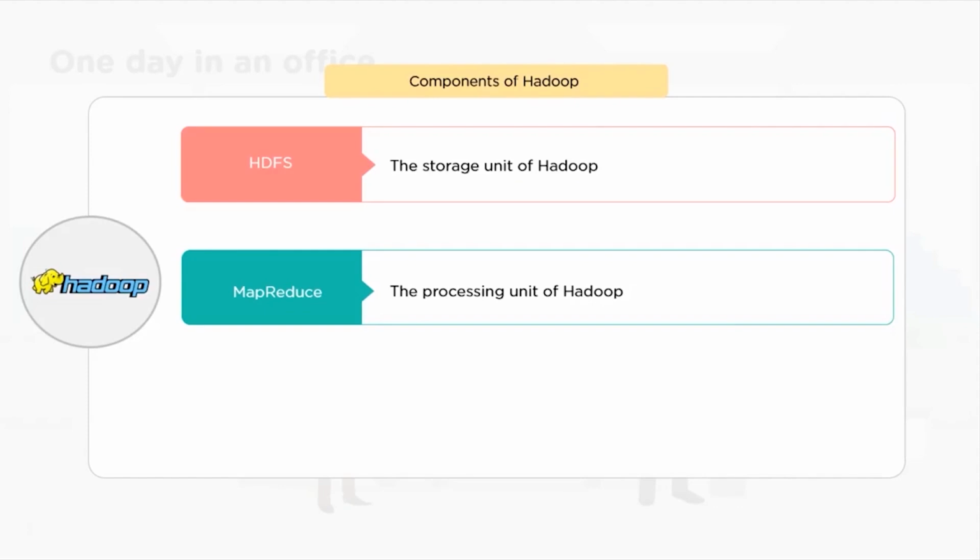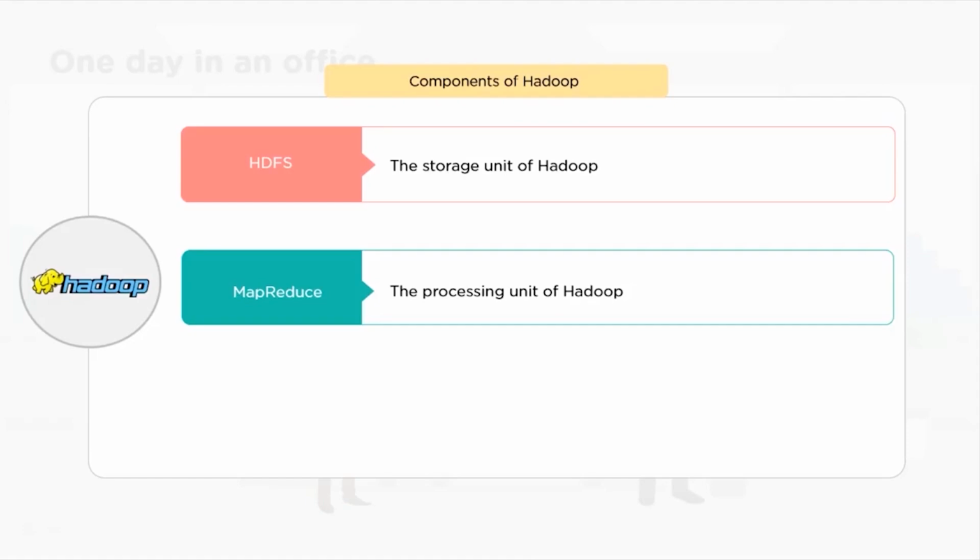So HDFS is the storage layer of Hadoop. It's a logical storage layer, which technically speaking does not exist, but yes, it exists because it depends on the individual file systems of multiple machines. We'll learn about this in a few minutes.